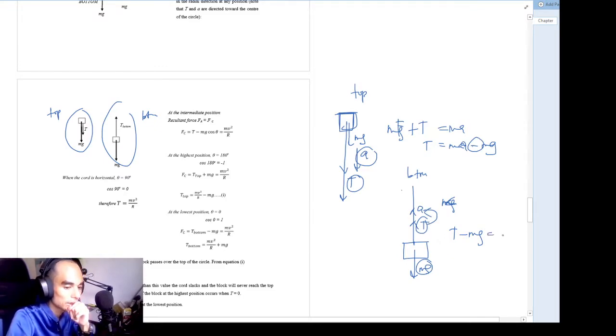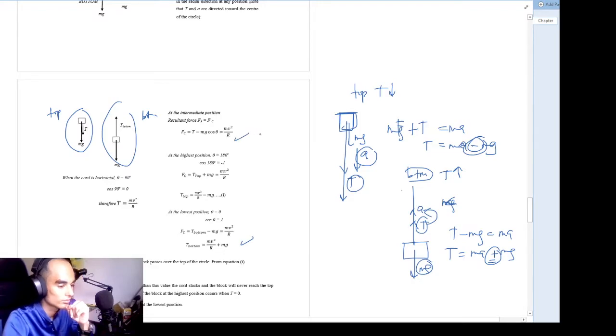So this equals ma, so T equals ma plus mg. You can see that this side is a plus, so at the bottom the tension is higher. At the top, because it's minus, the tension will be lower.